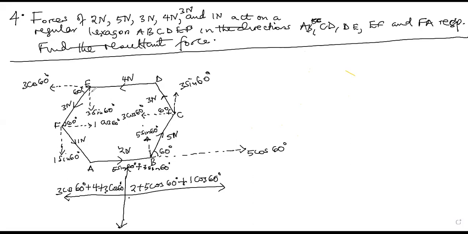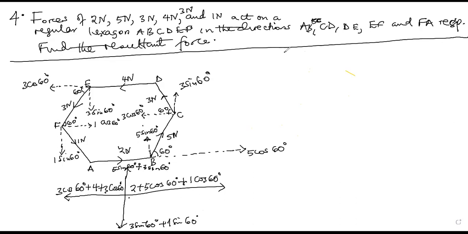But this one is in the negative. So we have only two forces which are in positive. Then the ones in the negative, we have 1 sin 60 and 3 sin 60. So 3 sin 60 and 1 sin 60.